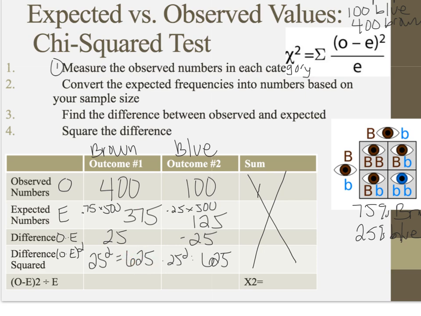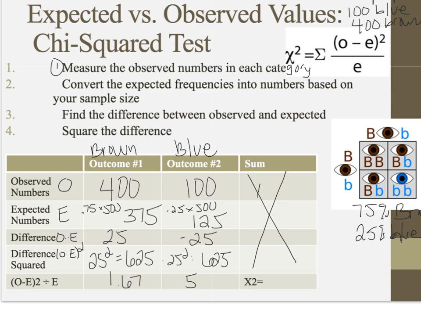So this, observed minus expected squared, divided by my expected. And here that gives me 1.67. Over here, I would be taking 625 divided by 125. And that calculation gives me the number 5.